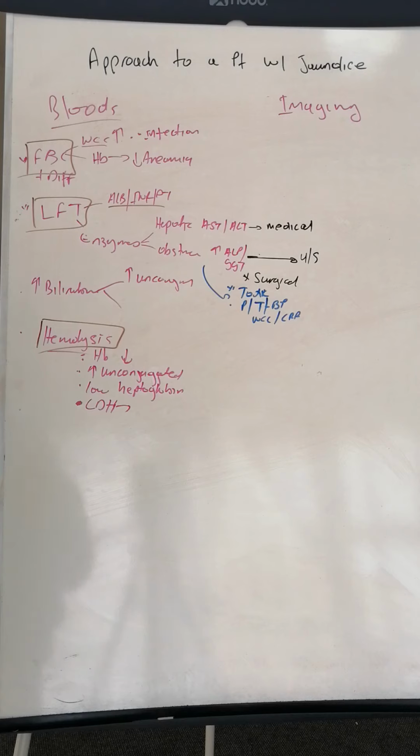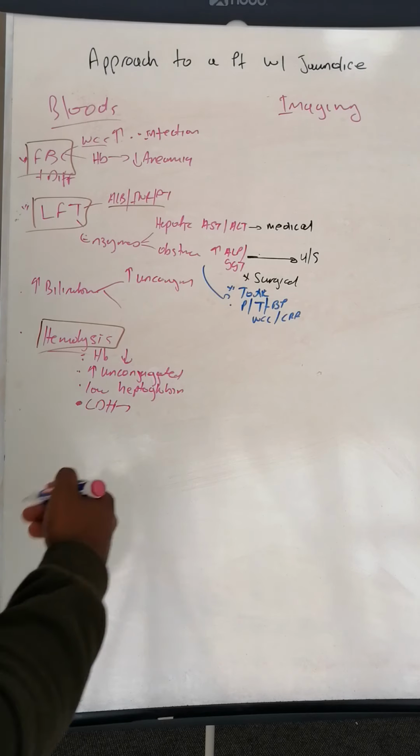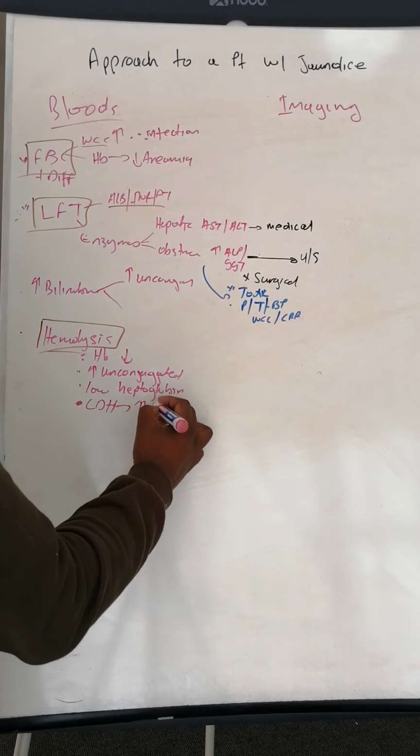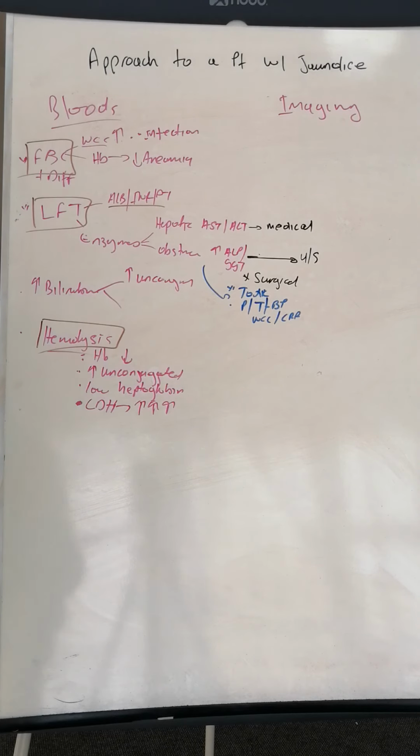So if you have got hemolysis, you've got anemia, you've got unconjugated bilirubin and a very high LDH, it means those red cells which are being broken down are releasing a lot of LDH. So it's a test to diagnose hemolysis.